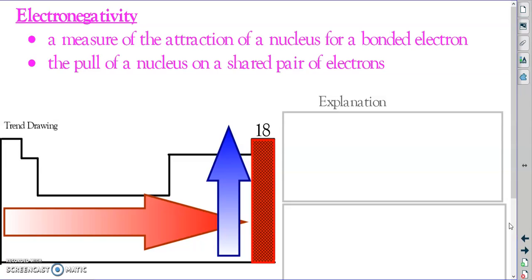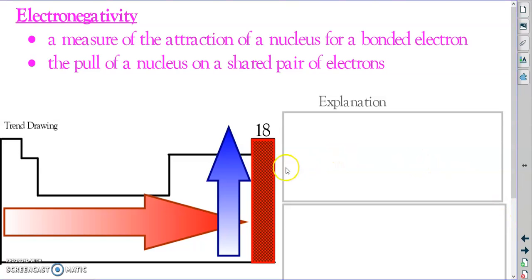For electronegativity, again, it goes hand in glove with the atomic size. The bigger the atom, the less pull that nucleus can exert. So the further those outer electrons are from the nucleus, the less that nucleus will be able to pull, all right?